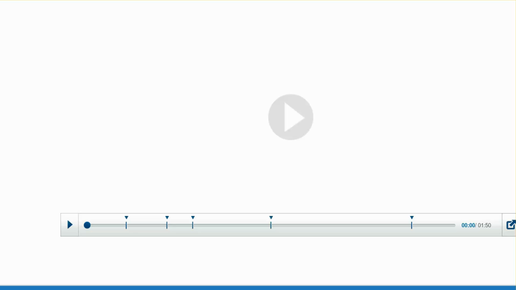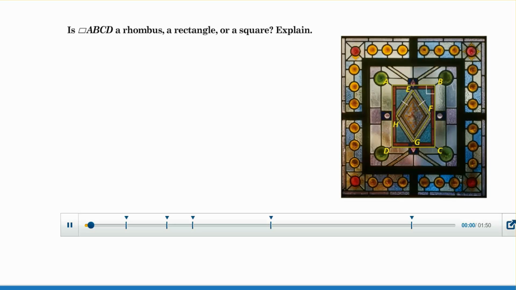So here's a problem where we're going to classify certain shapes. In this problem, you will classify special parallelograms. Is parallelogram ABCD a rhombus, a rectangle, or a square? Explain. Now note that we're after ABCD. There are two of them in there. We'll look at EFGH in a second.